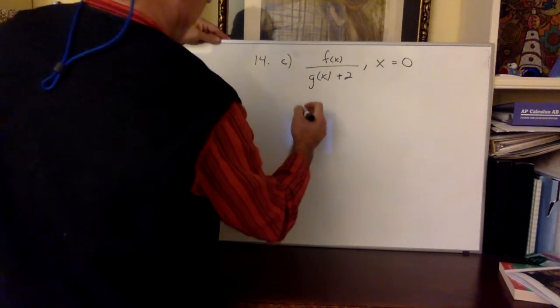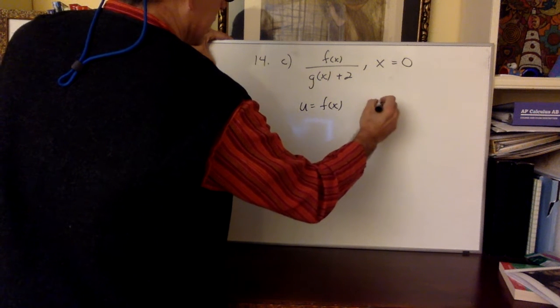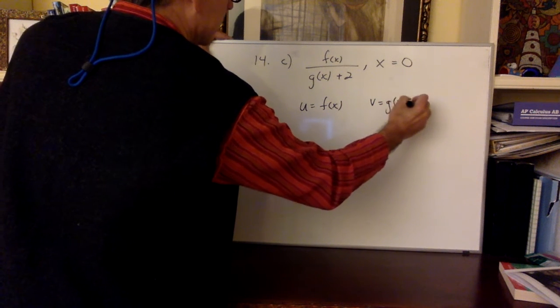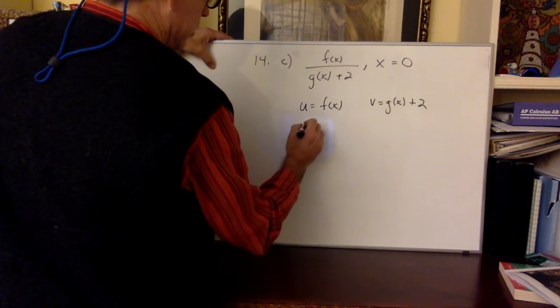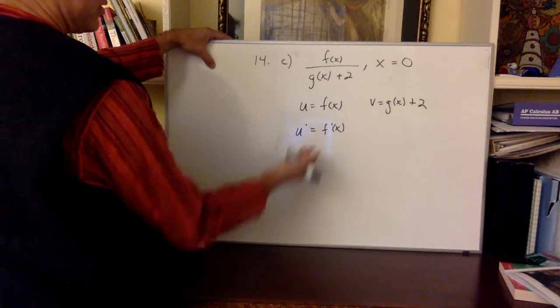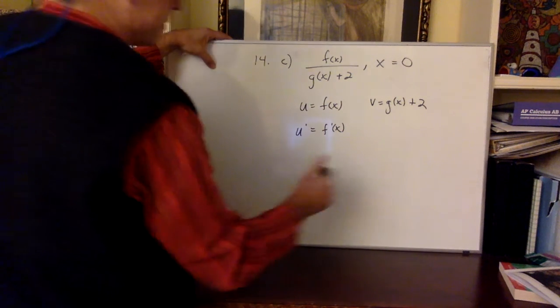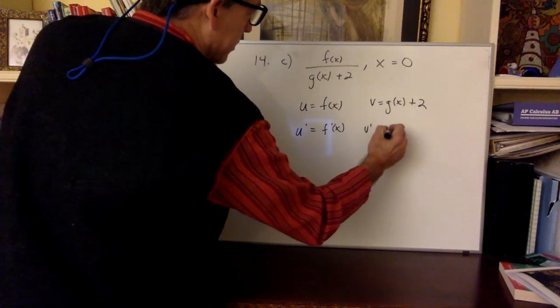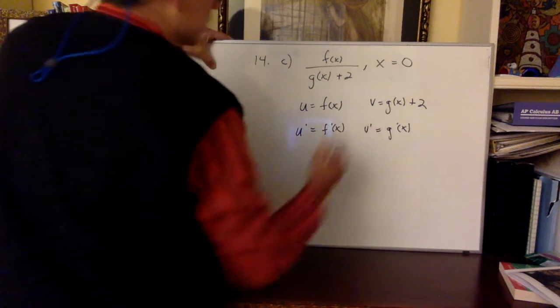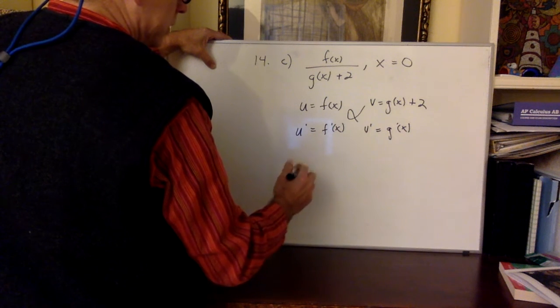So, u equals f of x, v equals g of x plus 2, u prime is f prime. See how I'm doing that? I'm just taking the derivative. Since I don't know anything about the function, all I can do is say, well, f prime. And the 2 goes away. Low d high minus high d low all over the square.